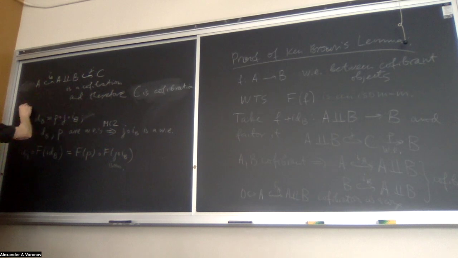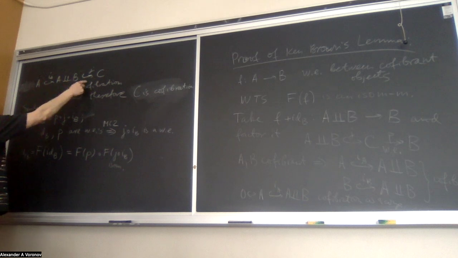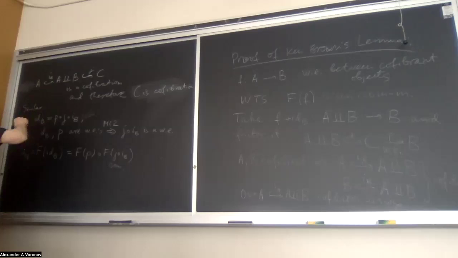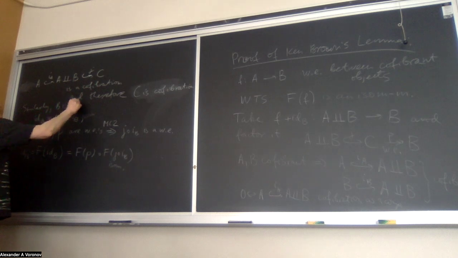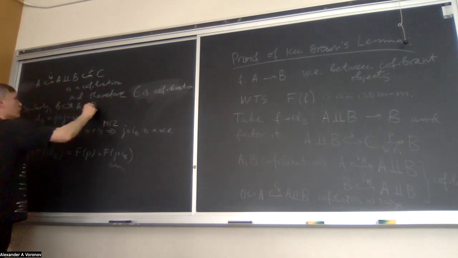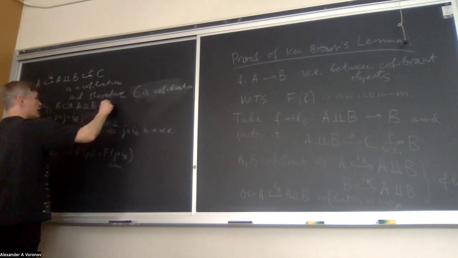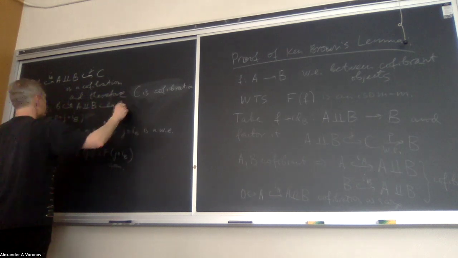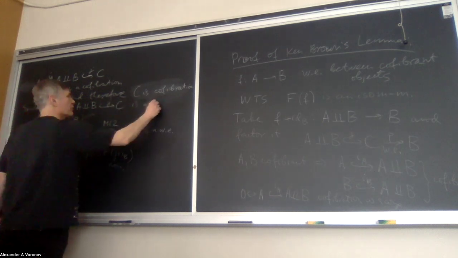So similarly, we'll need to use that first line. The composition of J with IA is a cofibration as well. Right? Similarly, the version IB, A coupled with B, followed by J minus C is a cofibration.